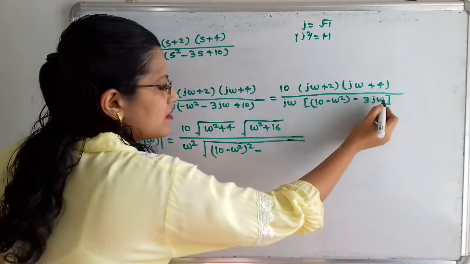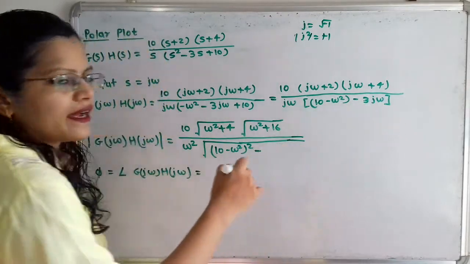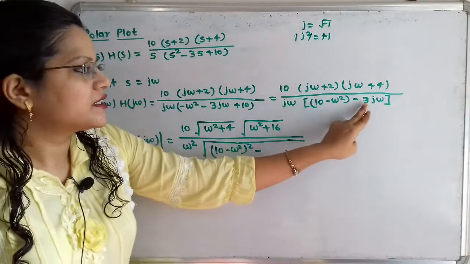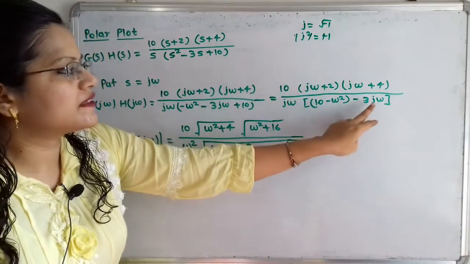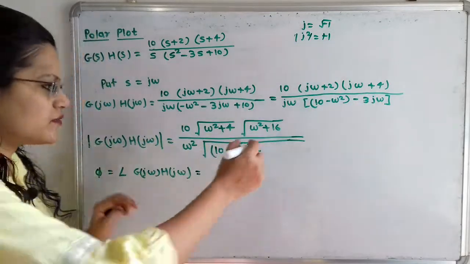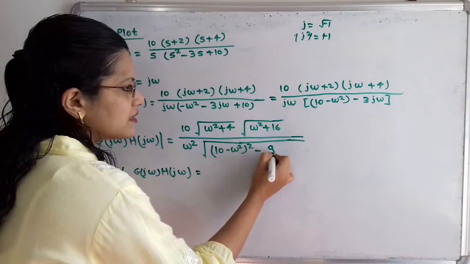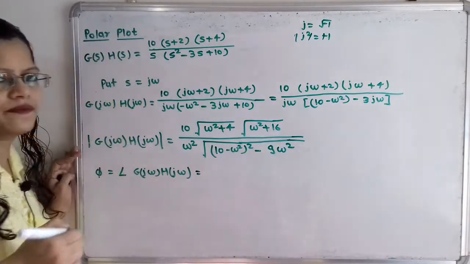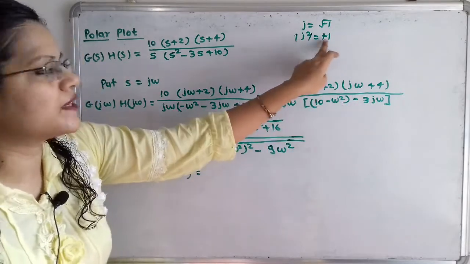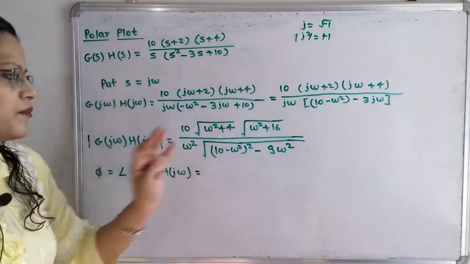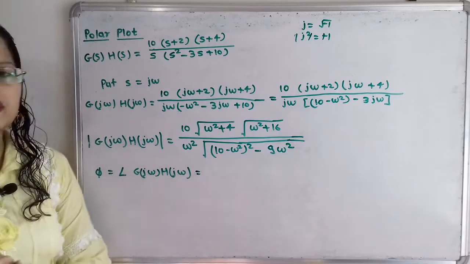Now for here 3j omega square, that is 3 square is 9, j square because of modulus we will take plus 1 and here is omega square, so I have to write minus 9 omega square. So because of modulus, each j square will become plus 1. That is the important thing.